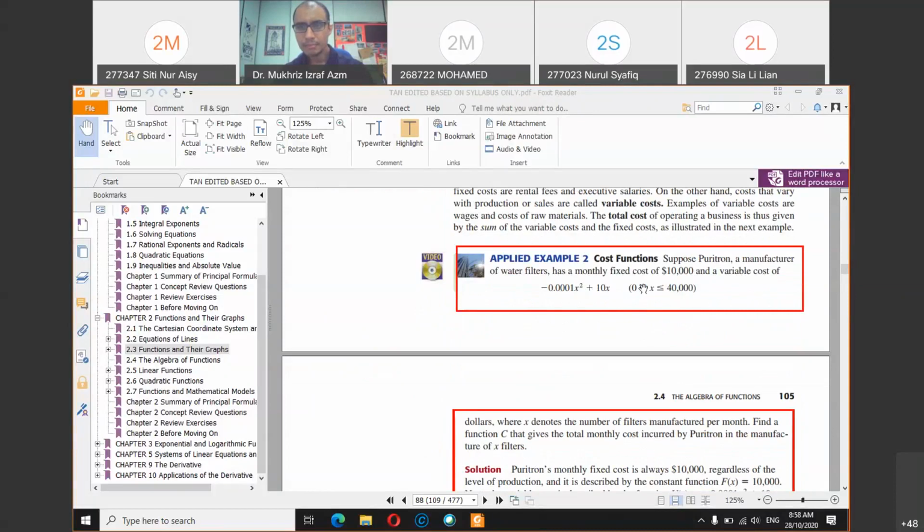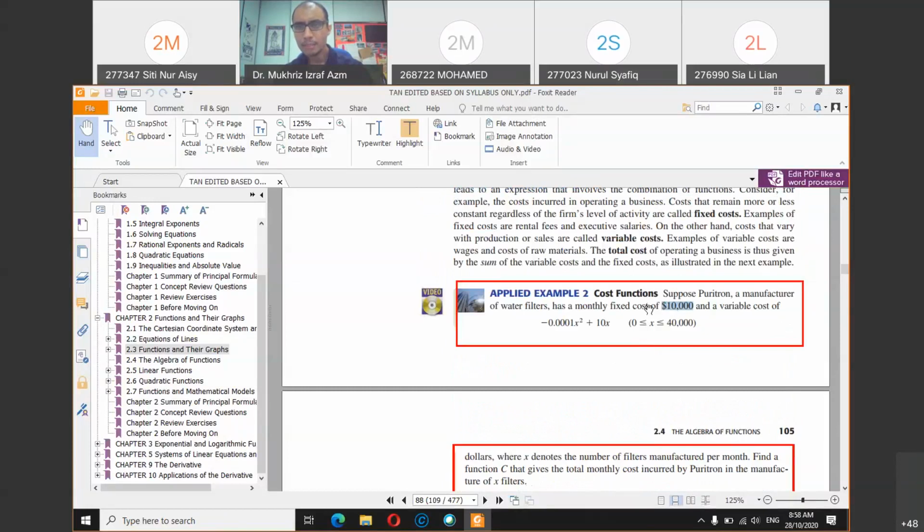So you are given two functions here. You are given the fixed cost value of 10,000, and also the variable cost function, 0.001x squared plus 10x, given that the value of x must be between 0 and 40,000. Why are you given a separate cost, one fixed cost and one variable cost?